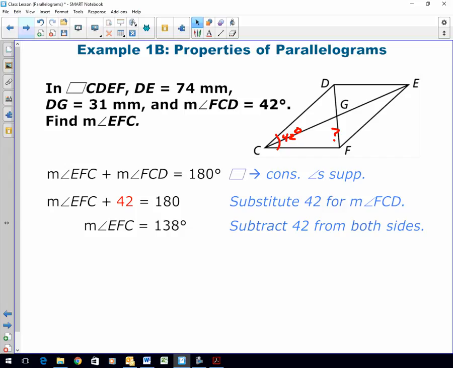What does that mean? Perfect. So 42 plus x equals 180. If I subtract 42 from 180, I get 138. Right? Any questions on that?